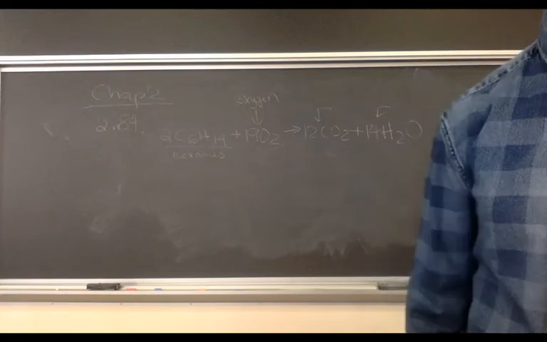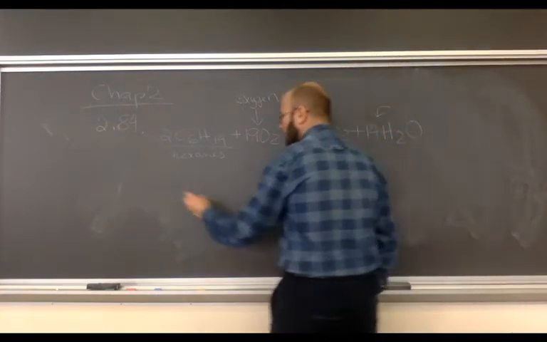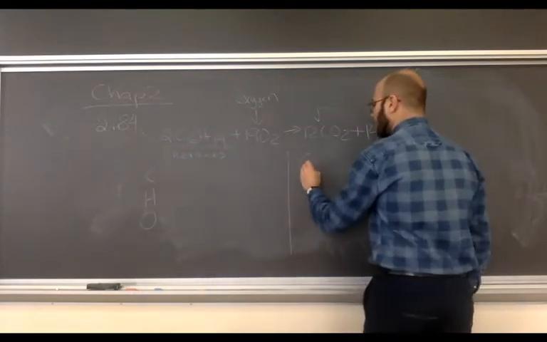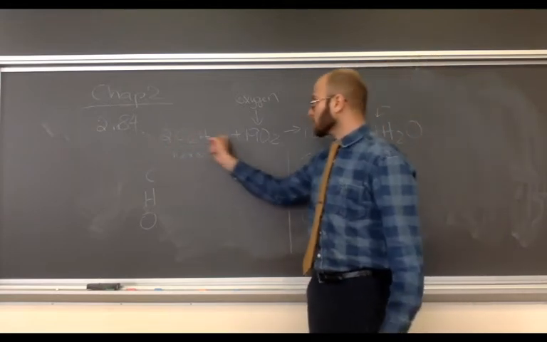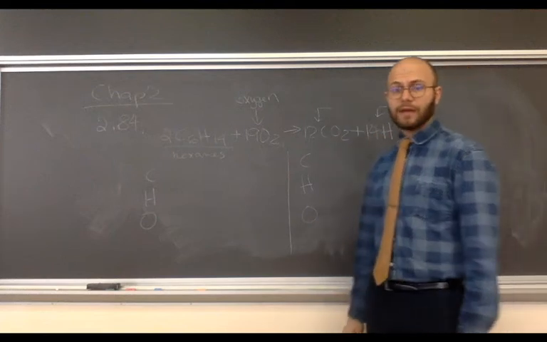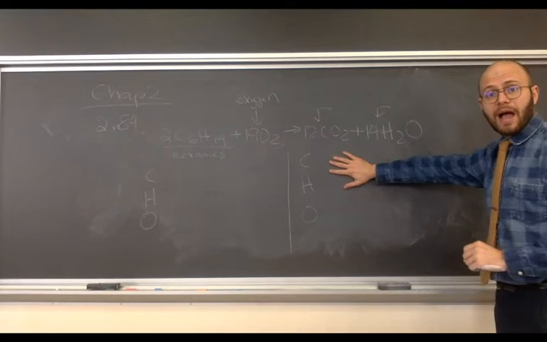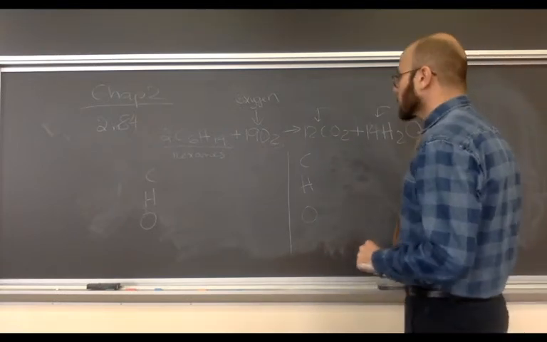We want to know how many carbon, hydrogens, and oxygens are on each side, right? So let's do both, just for good measure, and then we'll feel confident. But you should imagine that if a reaction is balanced, which is to say that these numbers help sort of mediate or moderate the different components that we have, then it should be the same on each side, which is kind of nice. So let's start over here.